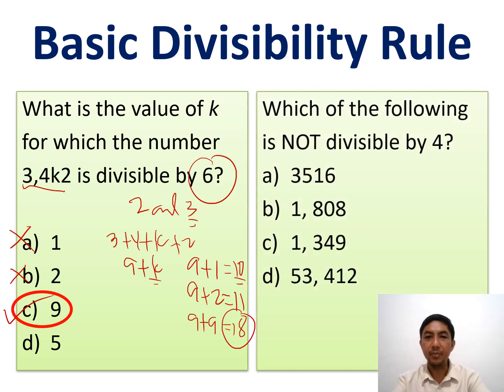Let's try another example. Which of the following is not divisible by 4? Timer starts now.